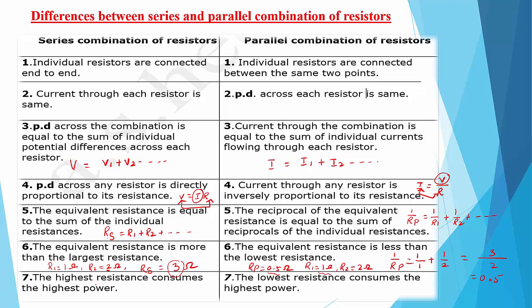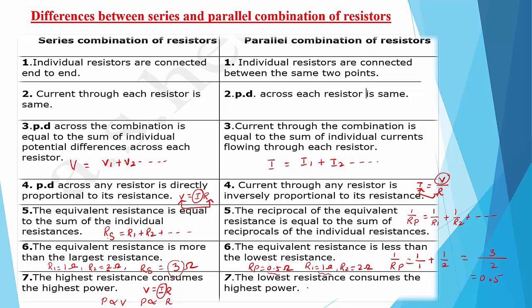Now you can see the last difference. In series, the highest resistance consumes the highest power. Suppose I consider Ohm's law V equal to IR. Which term is constant in series combination? I is constant. That means in electrical appliances, in series combination, power depends directly on potential difference and also directly on resistance.